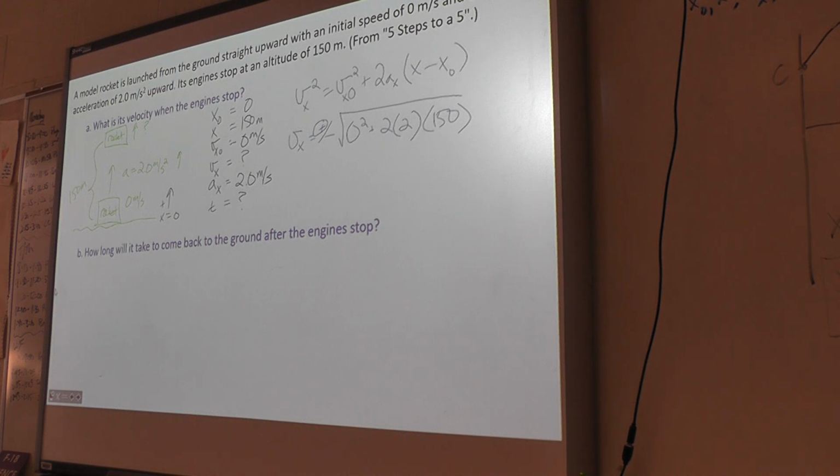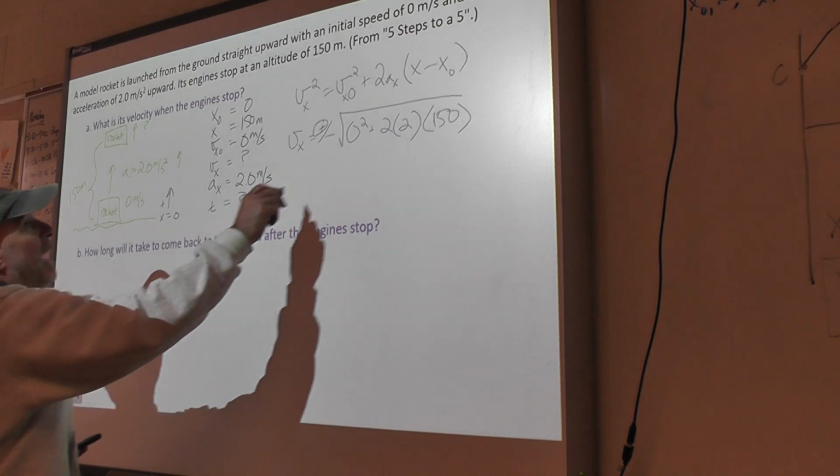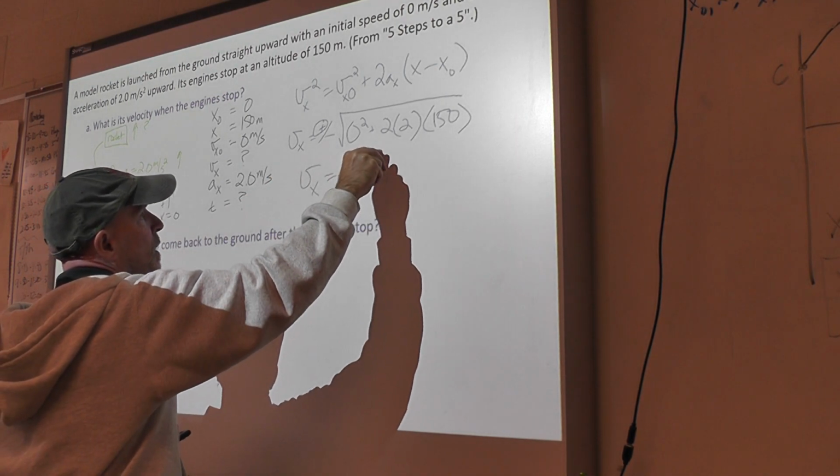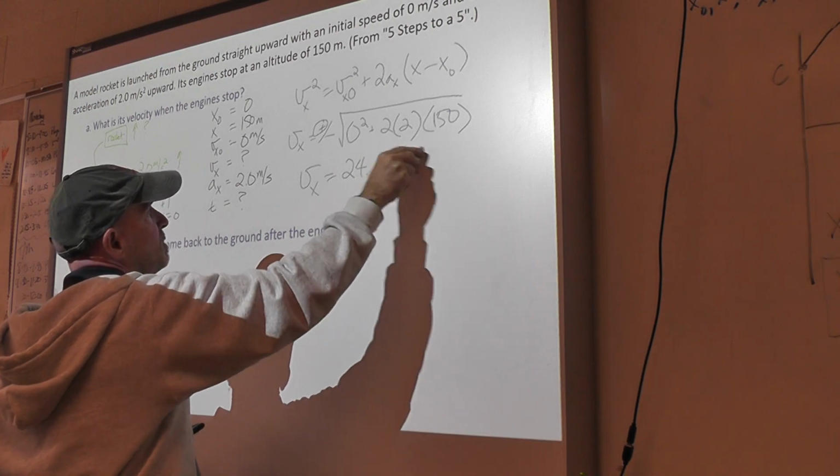I need to get my old familiar ones back. Okay, and that is not what I just got. The square root of 600. Oh, I'm not doing this right. That's because I can't see it. Square root of 600 is about 24.5. So our final velocity is going to be about 24.5 meters per second.